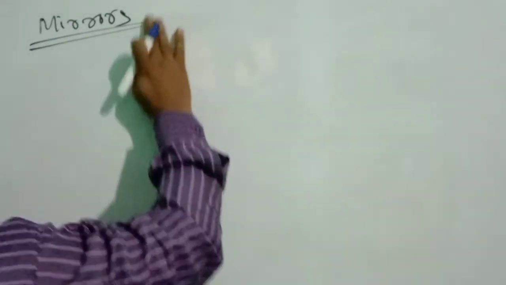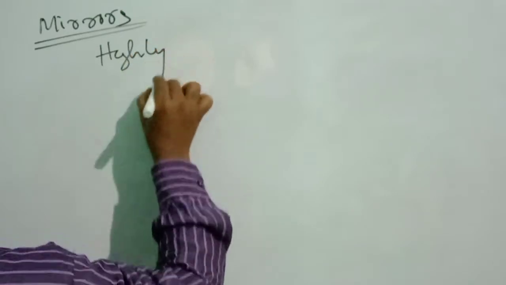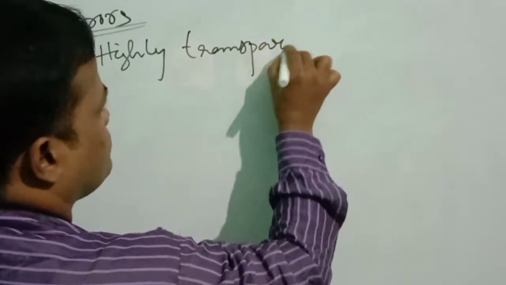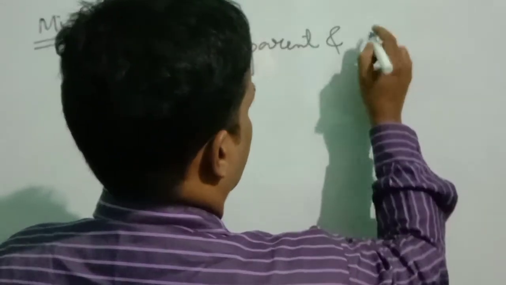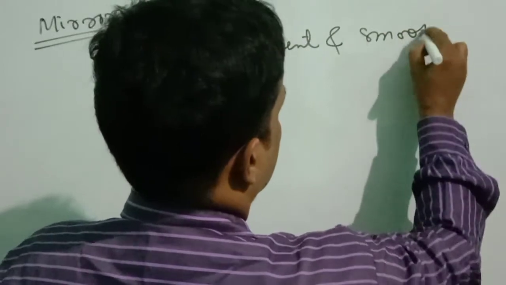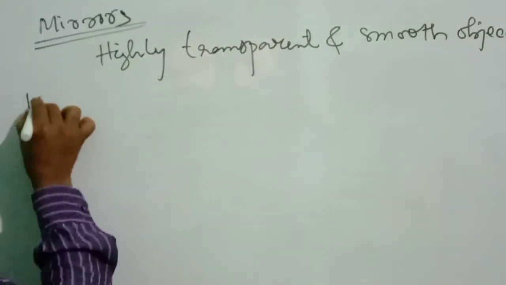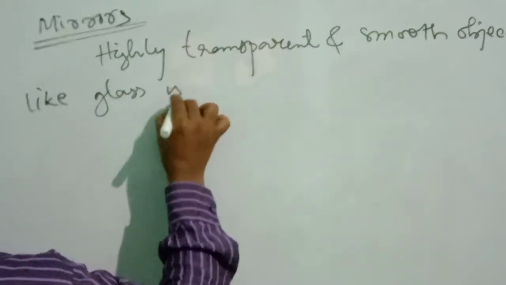Mirrors are highly smooth and opaque objects, like glass. It is called a mirror.